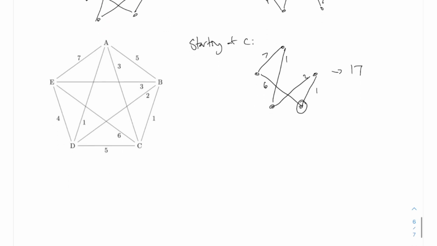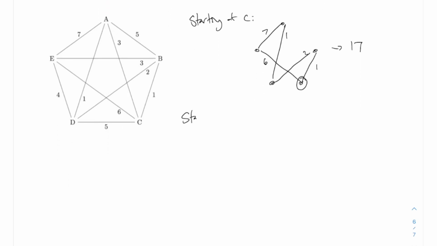What about starting at D? Again, I put my vertices. From D, my choices are a 4, a 1, or a 2, or a 5. I take the 1, then I'll take the 3, then the 1, the 3, and the 4.